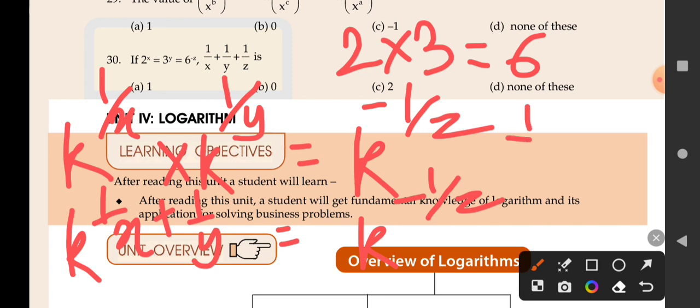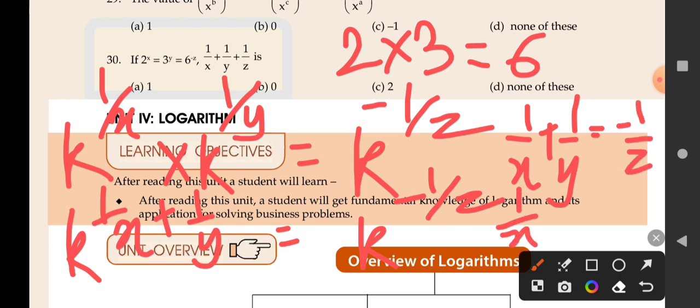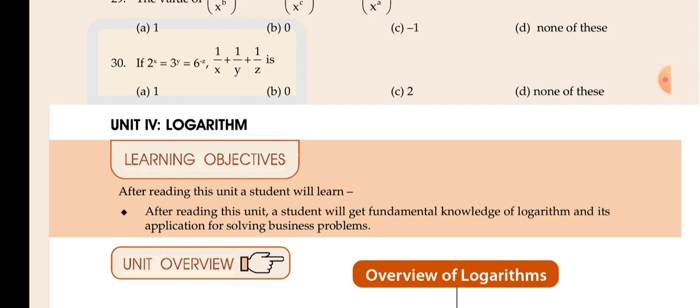So 1 by x plus 1 by y equals minus 1 by z, and 1 by x plus 1 by y plus 1 by z equals 0, not 1, 0. Correct? I hope you understood. Option number B.